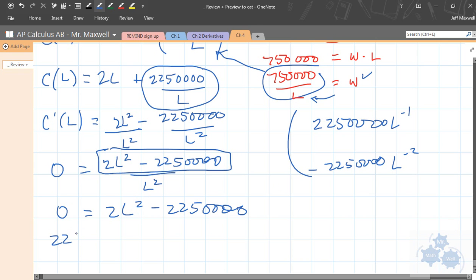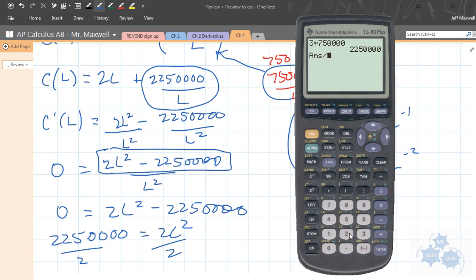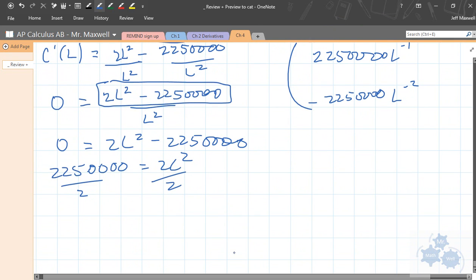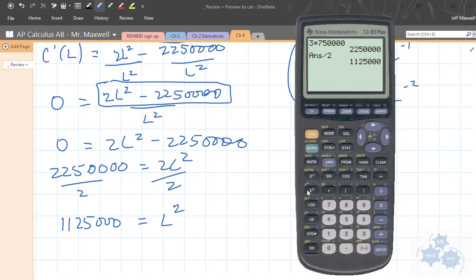And then you go on from there. So 2L squared equals 2,250,000, so L squared equals 1,125,000, and the square root of that answer is about 1060.